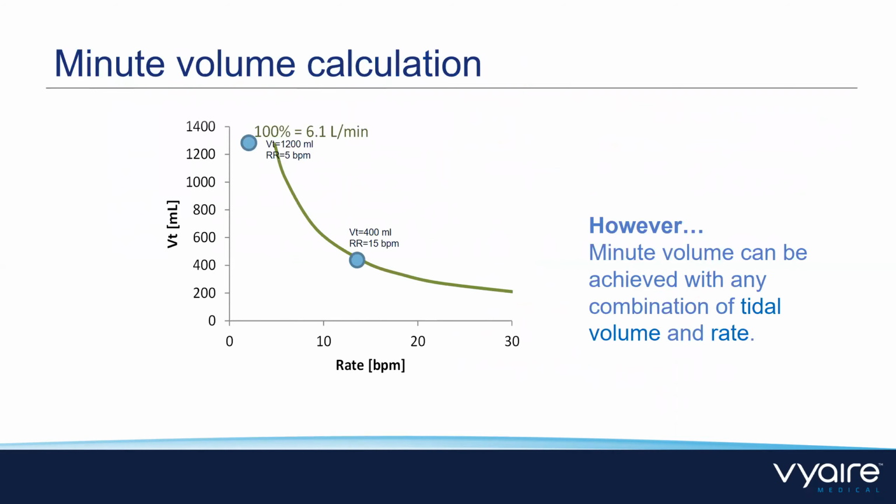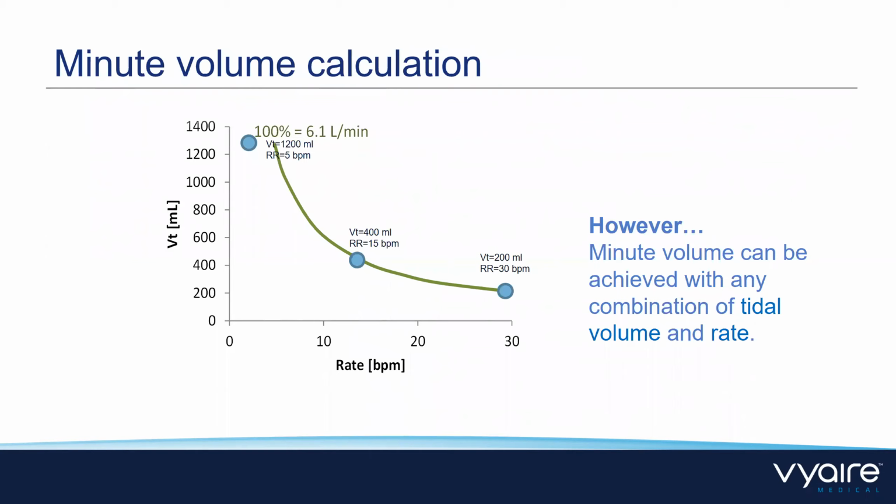This is 400 ml with a respiratory rate of 15, which sounds better, but also may not be perfect. Or you could just administer 6.1 liters by giving 200 ml and 30 breaths per minute. So the truth must be somewhere on this graph, but not necessarily at the extremes.